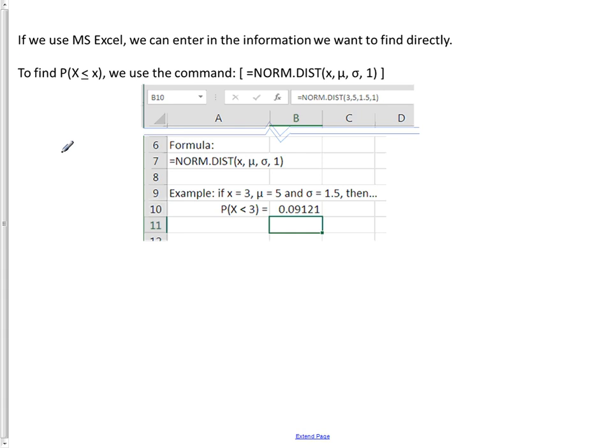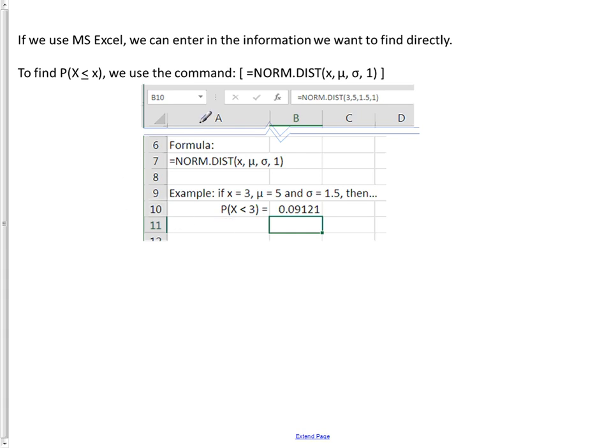Now in Excel, we can enter the information directly without even having to stop for doing that. So I'm going to show you the Excel method rather than the hand method. As an example, let's say I wanted to find, from a distribution where the mean was 5 and the standard deviation was 1.5, the probability that x is less than 3.